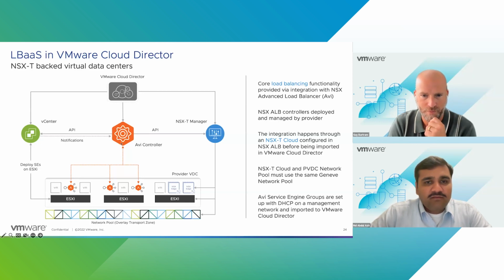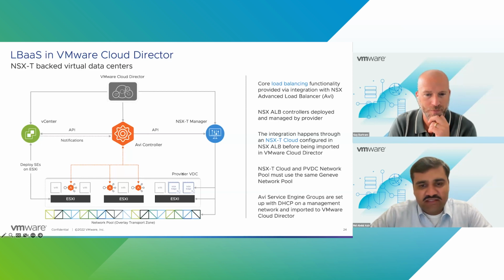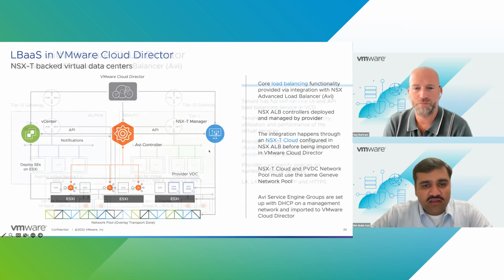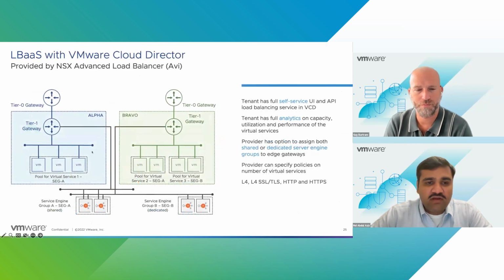The service providers, as well as tenants, can carve out resources according to their requirements and do multi-tenancy effectively. The NSX ALB controller interacts with vCenter and NSX Manager in the management domain. We don't have to deploy them in each of the different tenants or virtual data centers (VDCs), and it will provide networking for all of those tenants.